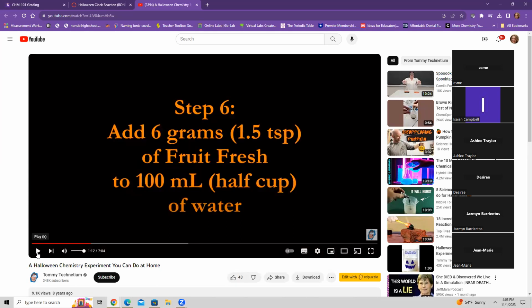This is the next step, is to add half a teaspoon, 1.5 teaspoons of fruit fresh to 100 milliliters of water, or a half a cup of water.